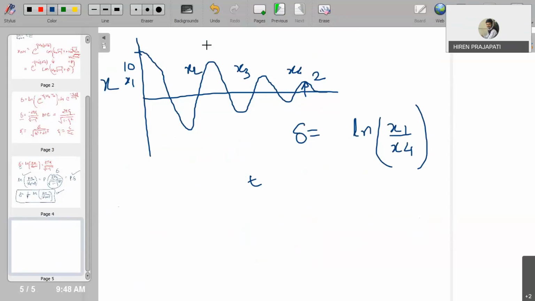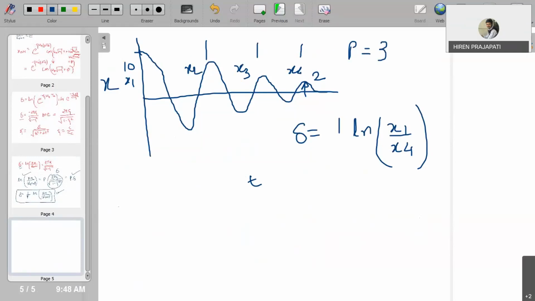Suppose this is the end of one cycle, then from this to this is the end of the second cycle, from x3 to x4 the end of the third cycle. So p is how much? P stands for number of cycles. So how many cycles has this vibrating body covered? 3. In this case, from x1 to x2 one cycle is over, x2 to x3 second cycle is over, x3 to x4 third cycle is over.